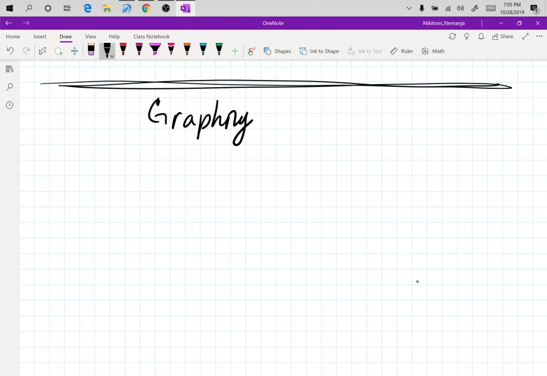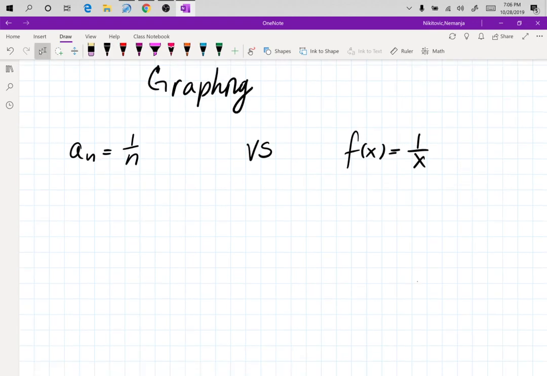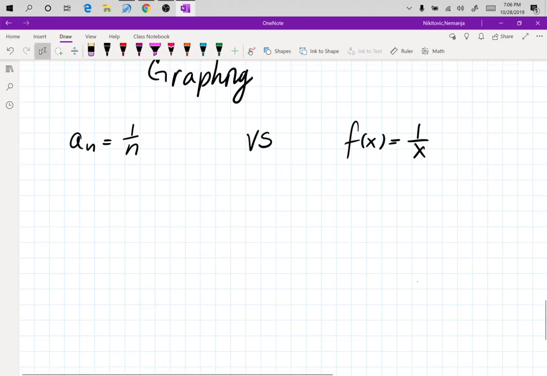And for graphing over here, we are going to take a look at the world that we now live in, which is the world of, let's say, a_n equal to 1 over n, versus the world of f of x equals 1 over x. So these are the two worlds that we are going to compare.